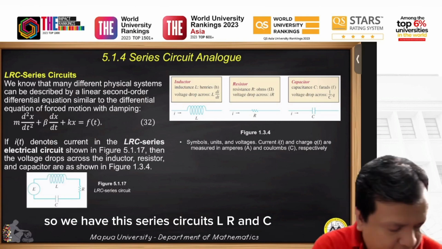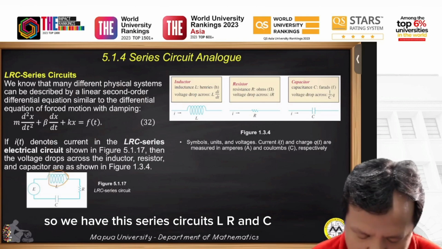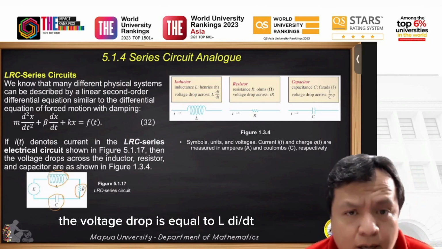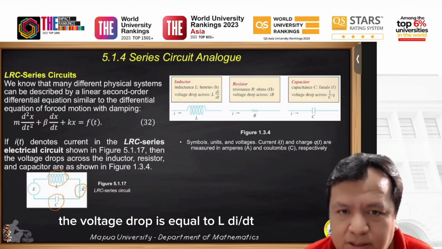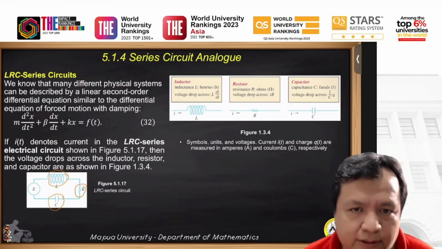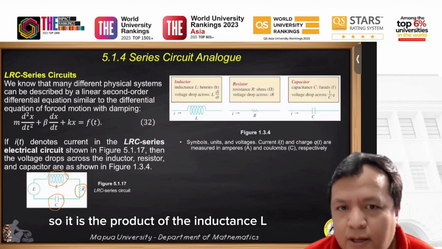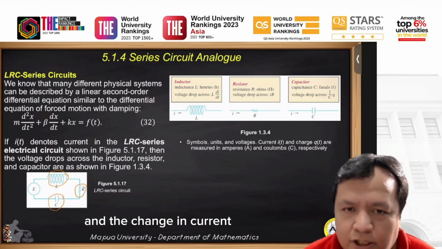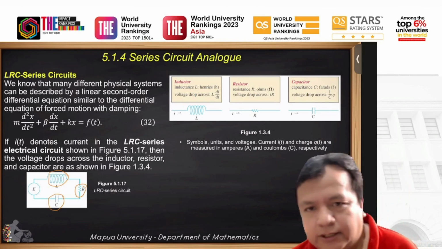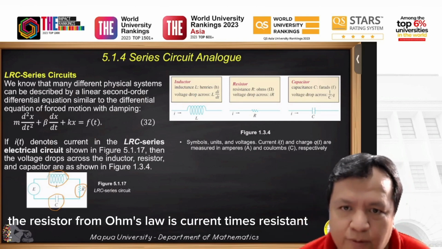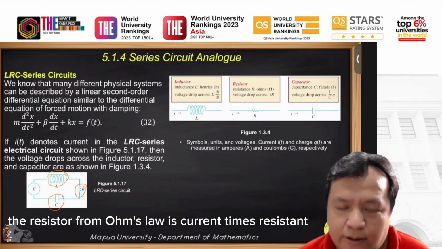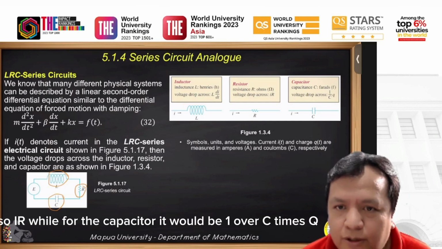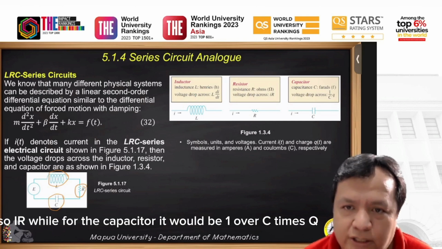So we have this series circuit with L, R, and C. In an inductor, the voltage drop is L di over dt, the product of the inductance L and the change in current di over dt. For the resistor, from Ohm's law, it is current times resistance, so iR. For the capacitor, it is 1 over C times q.